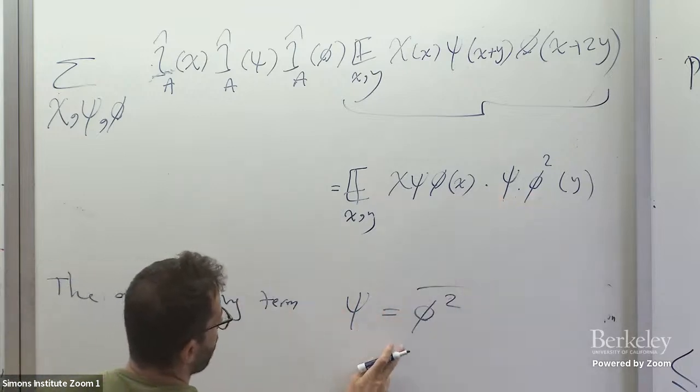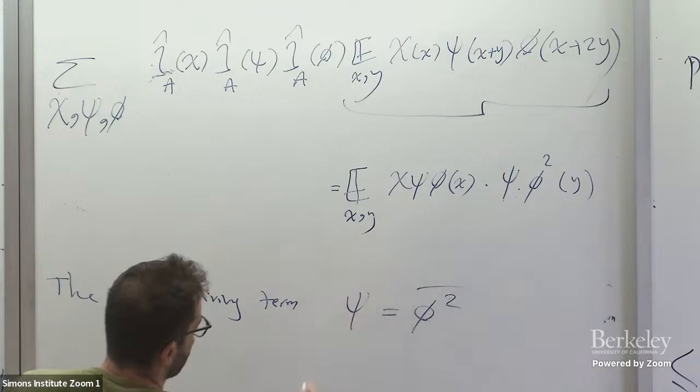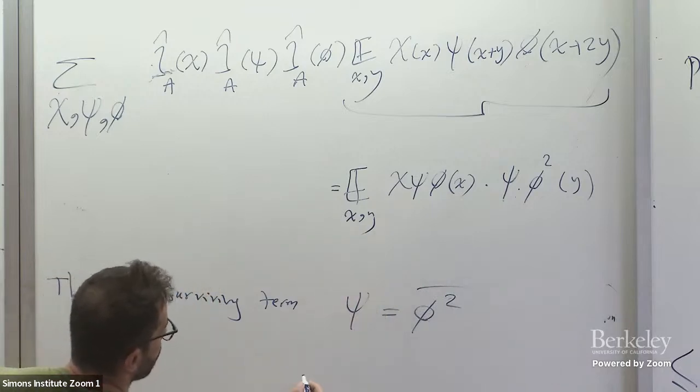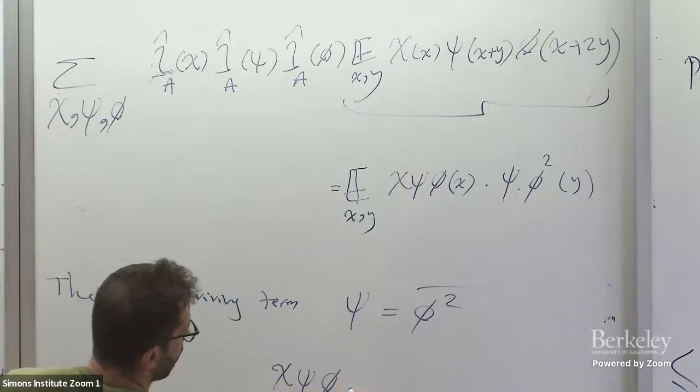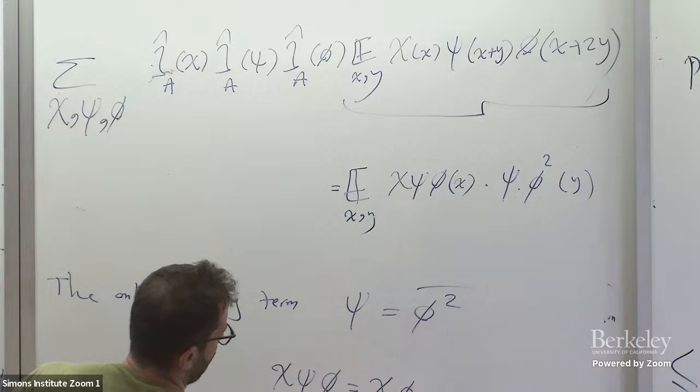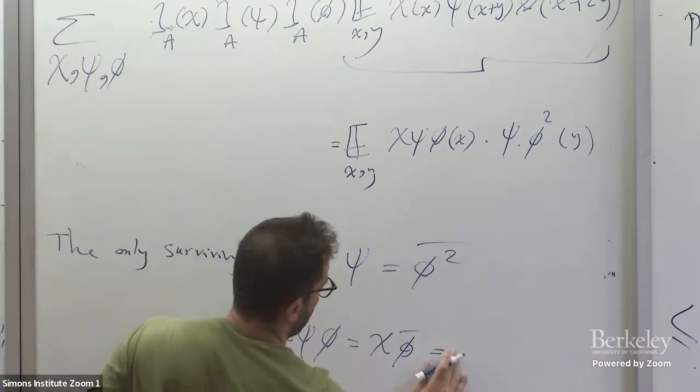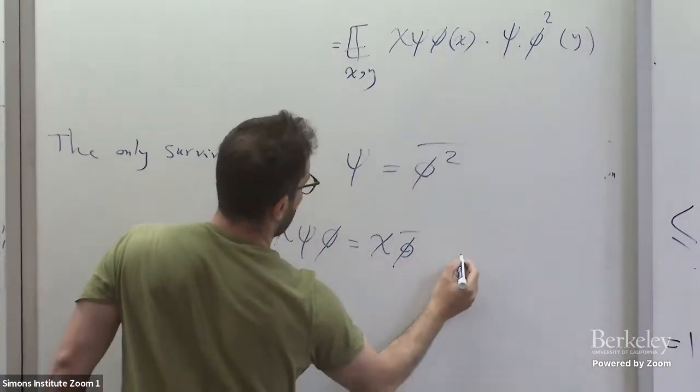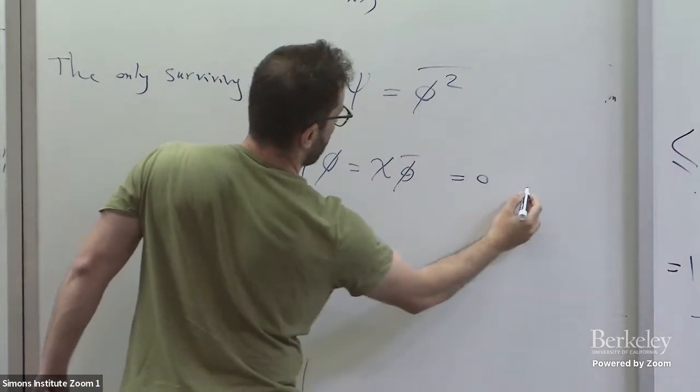And once I have that, I'll plug that here. And the other case, which is chi psi phi, if I plug that here, I'm going to have 0, which means the same.